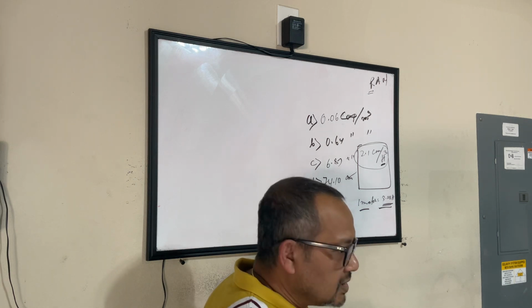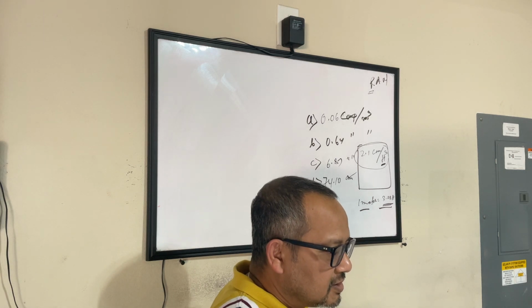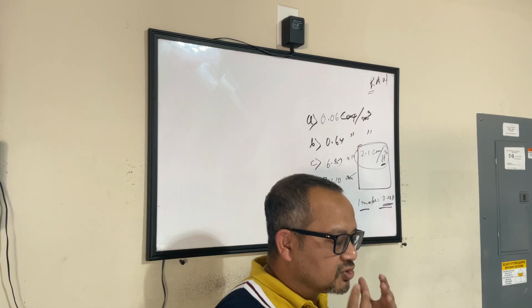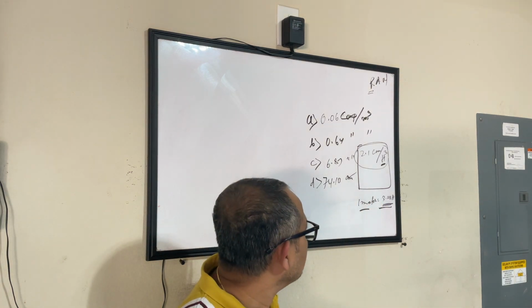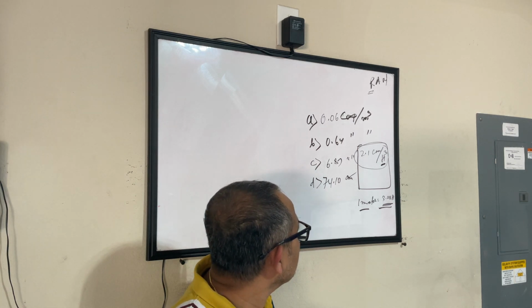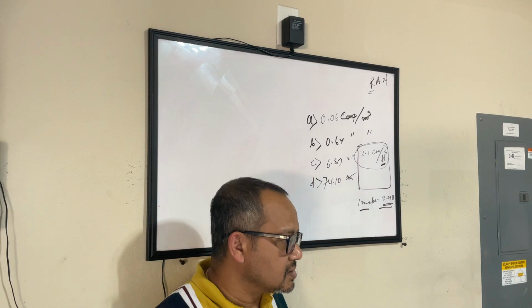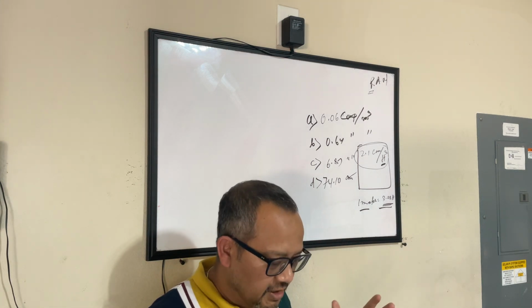Okay. How about you, Vishal? What was your approach? How did you get to C? I did 2.1 times 3.28 because to convert feet into meters. That's what I got. Okay.